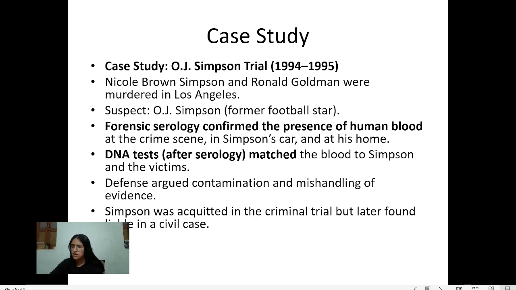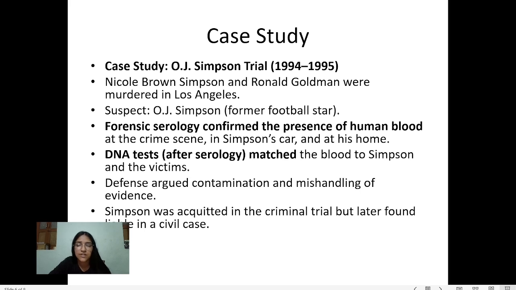Blood was found in all these places. Serology confirmed the stains were human blood before DNA testing was done. After we got the serological evidence, they tested for DNA.